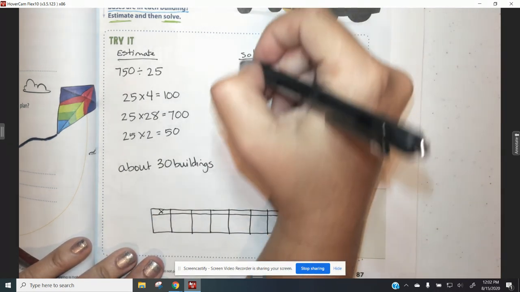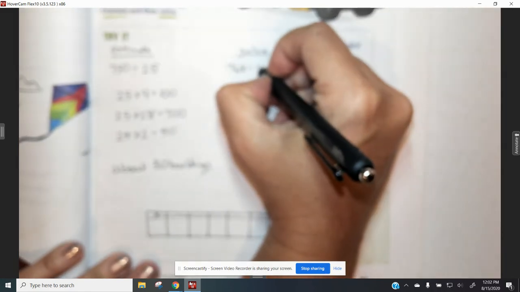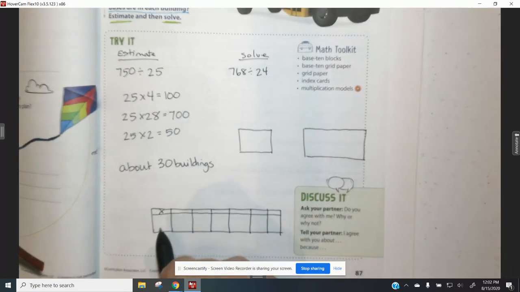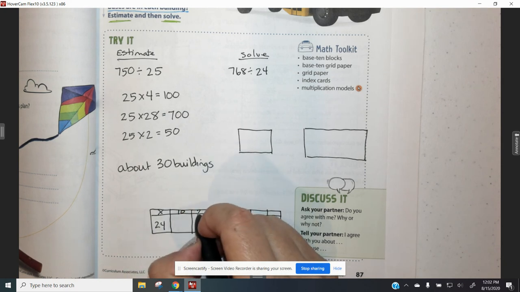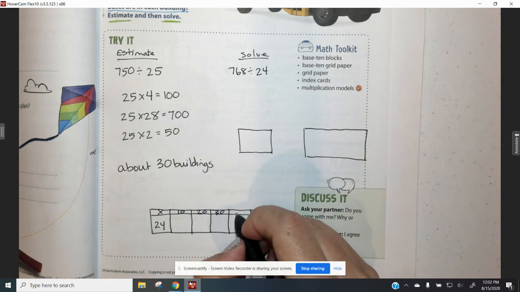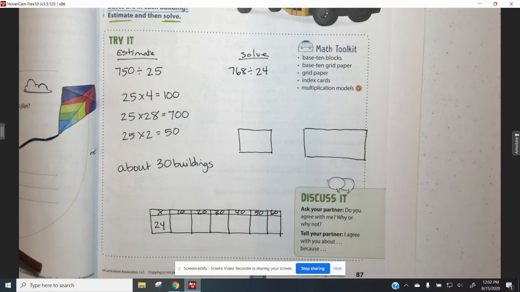All right, so our problem is, what is 768 divided by 24? So 24 is going to be our multiple, and then we have 10, 20, 30, 40, 50, and 60 if we need to get up that high. But based off of what we estimated, we know it's going to be somewhere around 30.